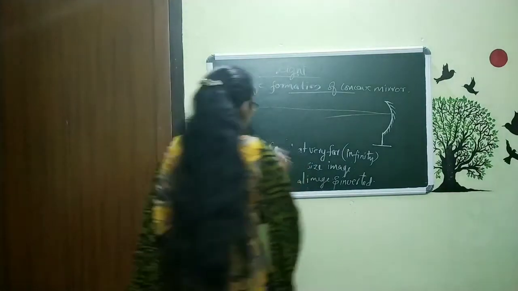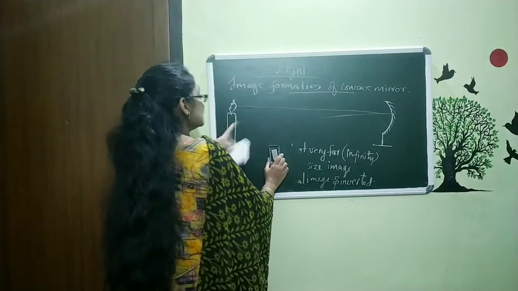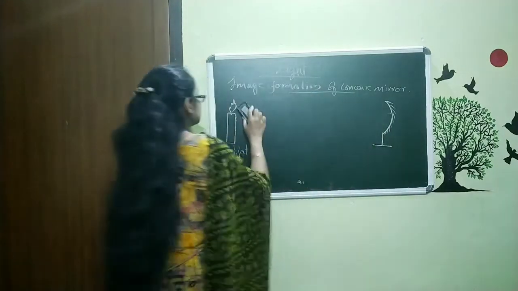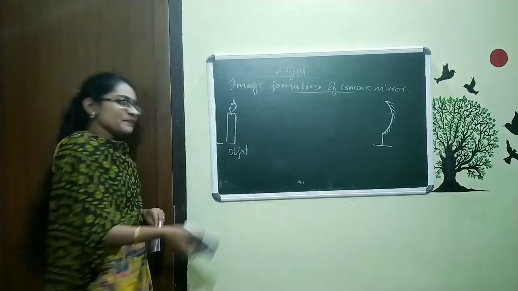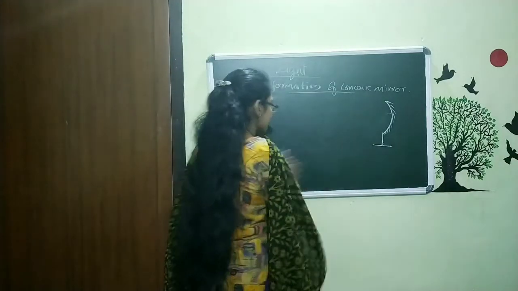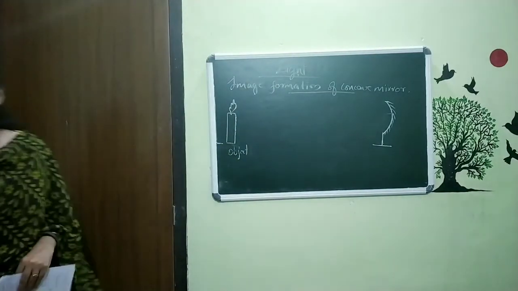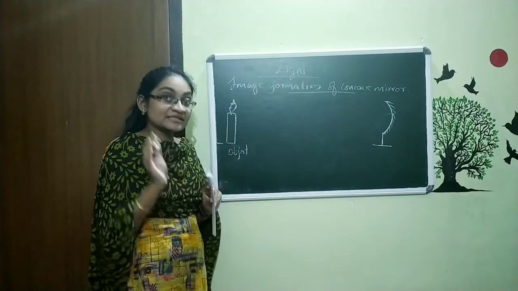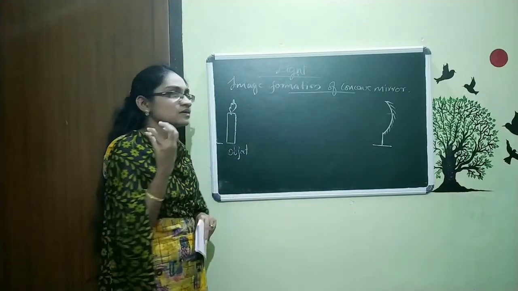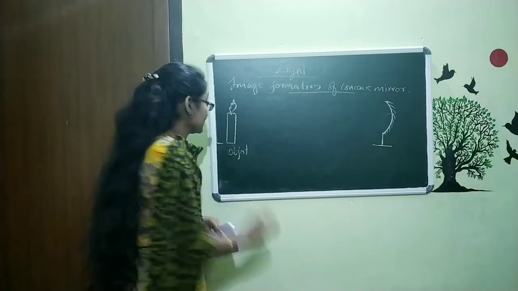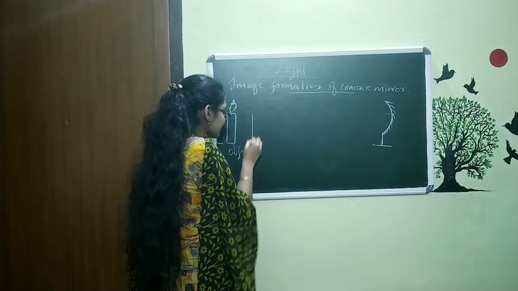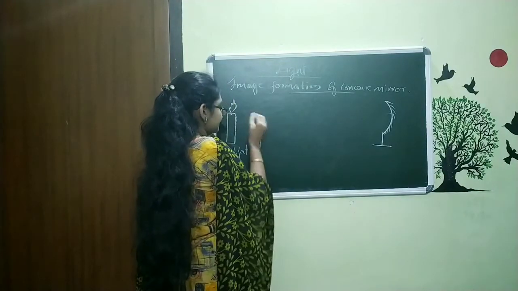Now we are going to move this candle to another place. Same activity, but when we change the position of the object, we can see some difference in the image. Now I am going to place this candle here.